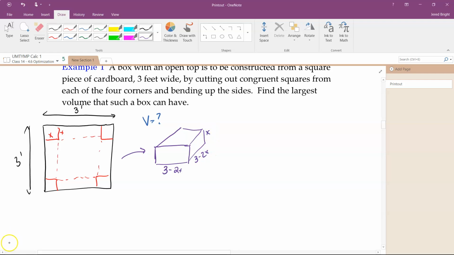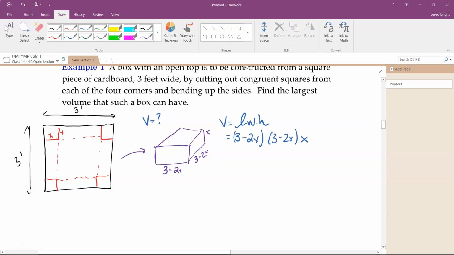The volume, since this is a rectangular prism, would be length times width times height. The length is 3 minus 2x, the width is 3 minus 2x, and the height is x.